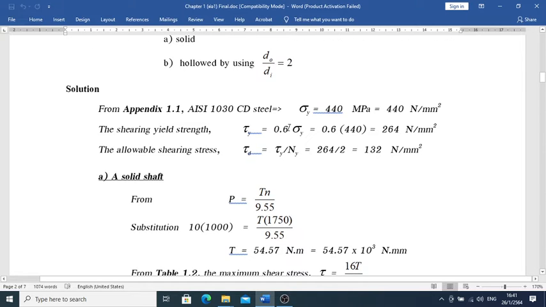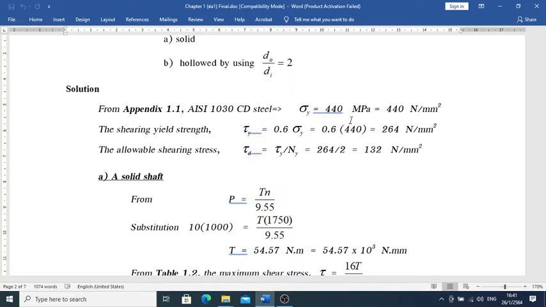Okay, so it's given by the problem set: 1030 CD steel. Based on appendix 1.1, we got a sigma y of 440, so we got 440 newton per millimeter squared. And then since this problem set is about shear, we find tau sub y is equal to 0.6 sigma y, due to the simple stress relationship, of course.